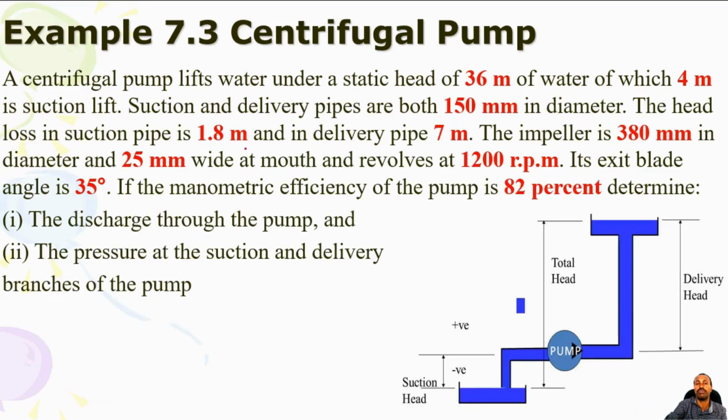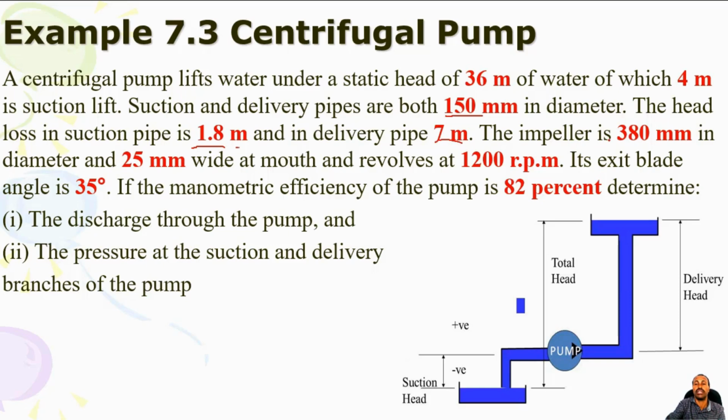And the third example is a centrifugal pump. So we have a centrifugal pump that lifts water under a static head of 36 meters of water, of which 4 meter is suction lift, and the suction and delivery pipes are both of equal diameter. Then the head loss in the suction is given 1.8 meter, in delivery 7.